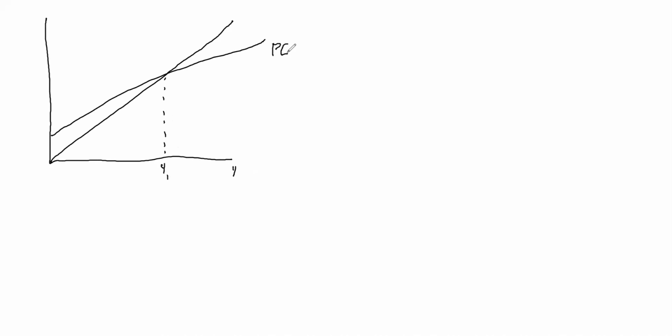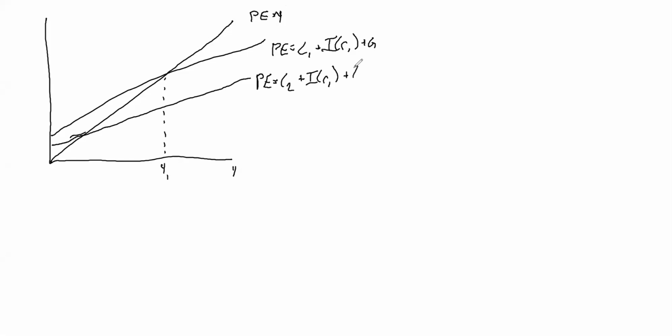Okay, so we have PE is still equal to C1 plus I of R1 plus G. We have the same equilibrium condition, PE is equal to Y. But instead this time, let's say that we increase taxes. So when we increase taxes, we decrease disposable income. And when we decrease disposable income, we lower the amount of consumption that we have. That's going to look like a shift downwards in our planned expenditure curve. So we now have PE of C2 plus I of R1 plus G.